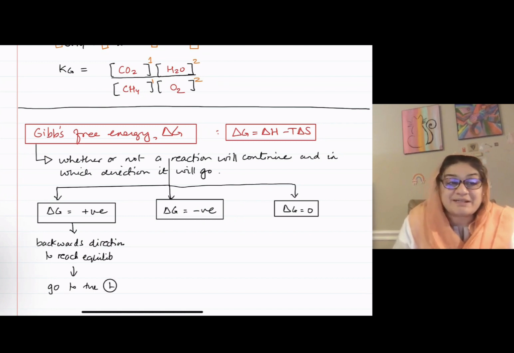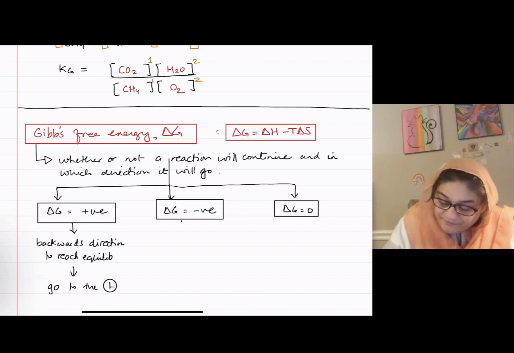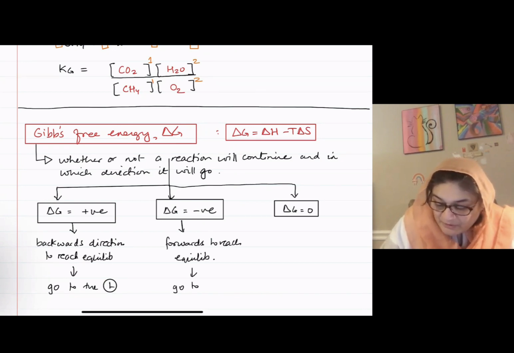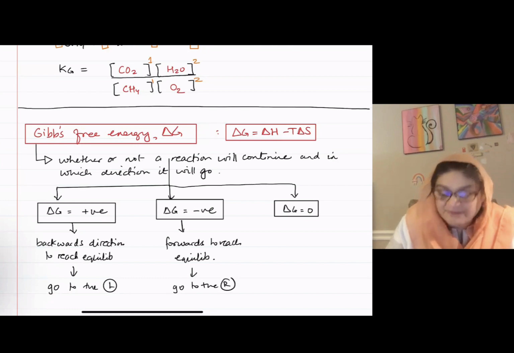When delta G is negative, the reaction will proceed forward to reach equilibrium. So that means the reaction will go to the right.